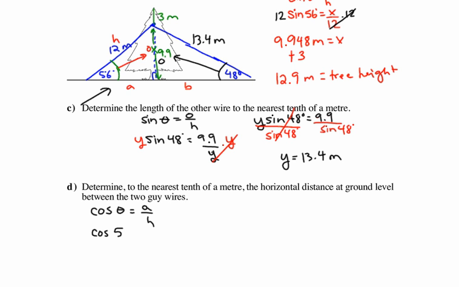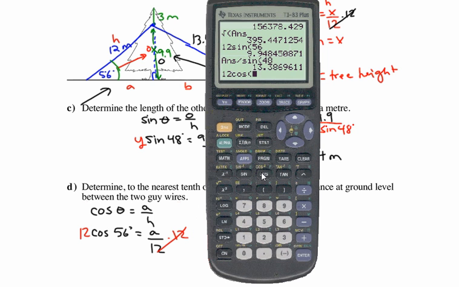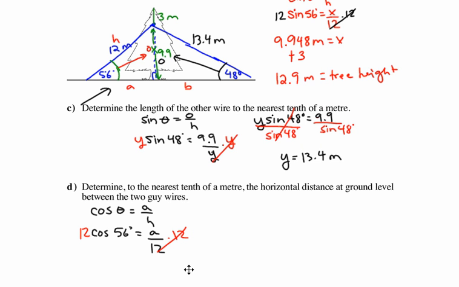Cos of 56 degrees equals our adjacent, we'll just call it A, over hypotenuse of 12. And then multiply both sides by 12. So our A value is 12 cos 56, 6.7. 6.7 meters equals A.